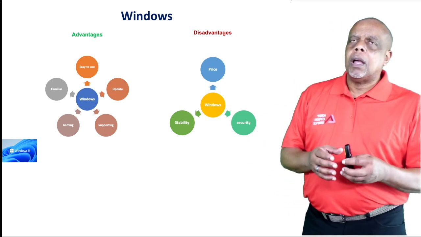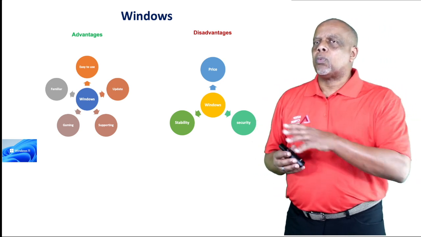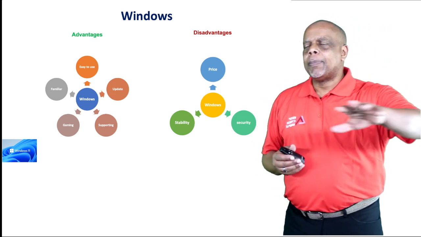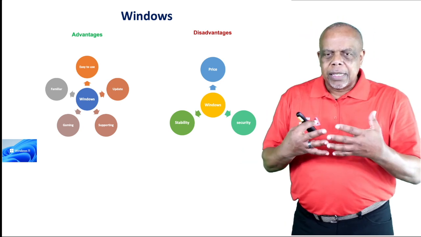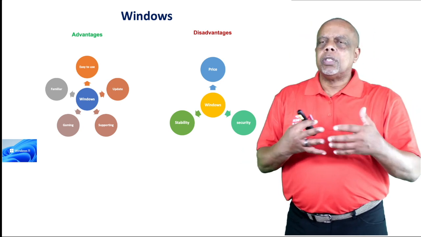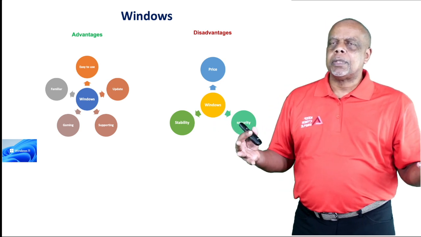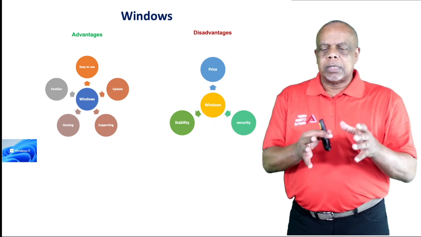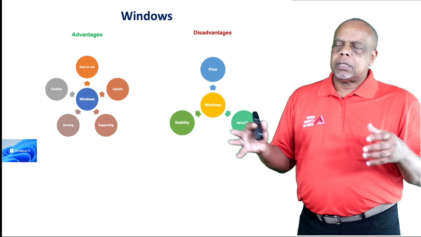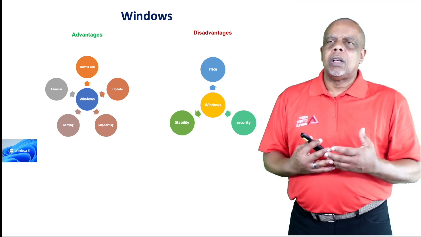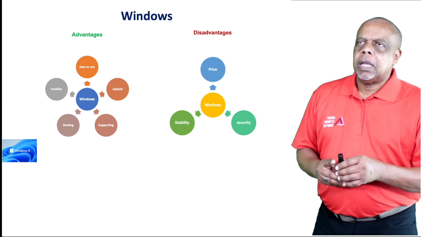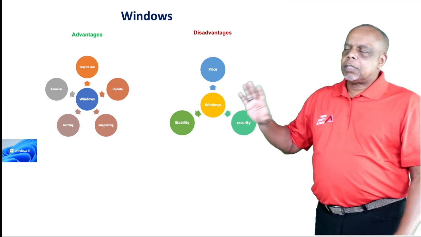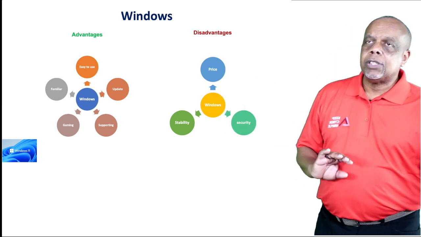Well, Windows was built to run on pretty much any type of hardware. Because of that, they have to write a lot of interfaces to be able to talk to these different hardware platforms. So it's not unique to a single piece of hardware, and it's not written that way. So it can become unstable from that perspective. But yeah, Windows, by far, as I say, has the lion's share of the market.